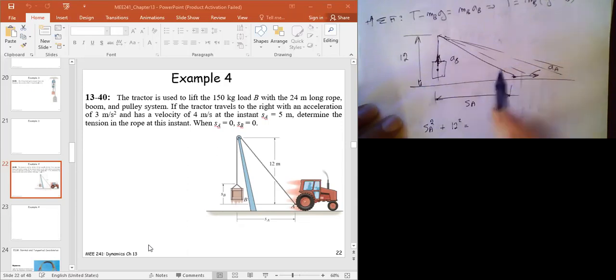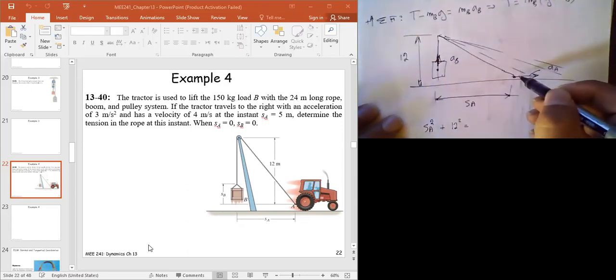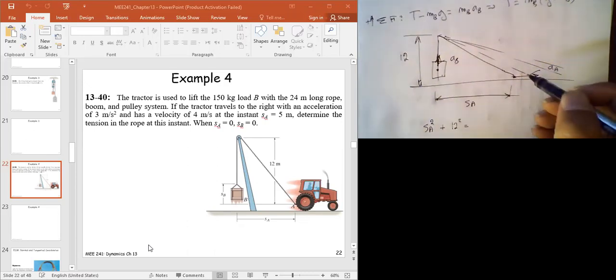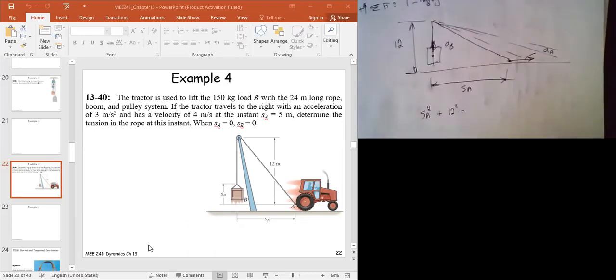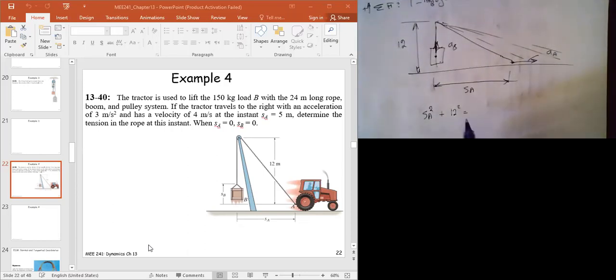24. No, all of it is 24. Equals 24 minus SB, minus 12 minus SB. Here I want to continue this.